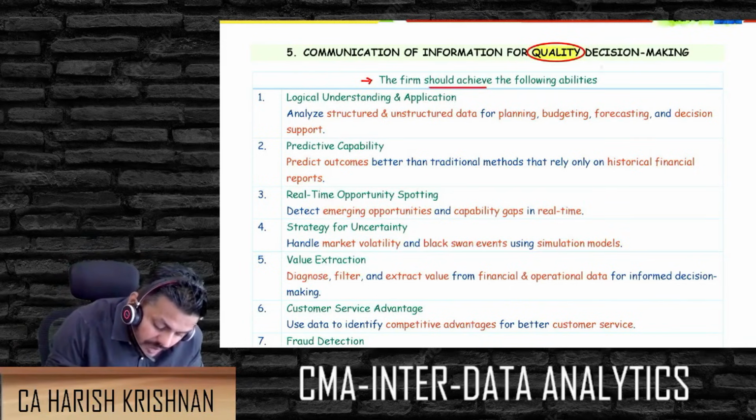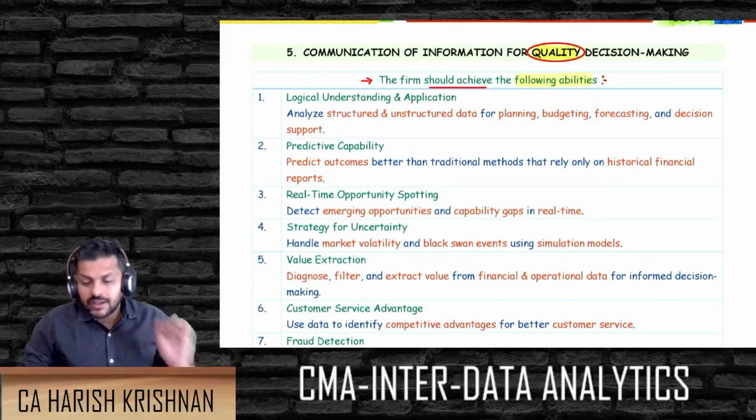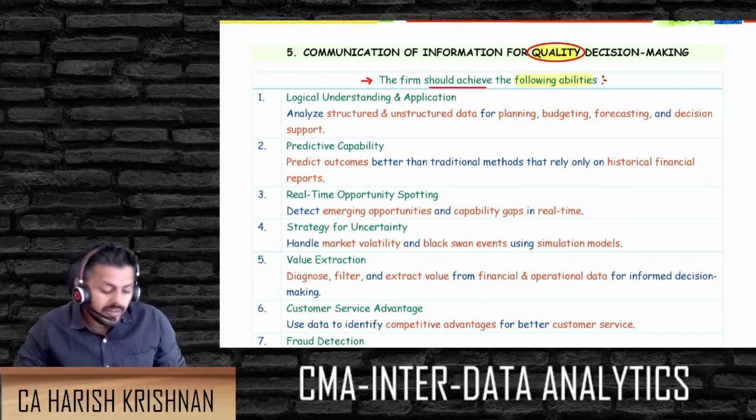So the firm should achieve the following abilities. What abilities? 1, logical understanding and application. Now, from the previous session, we know that data is of 2 types, structured and unstructured, right?